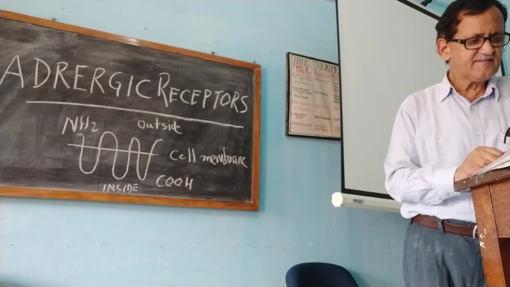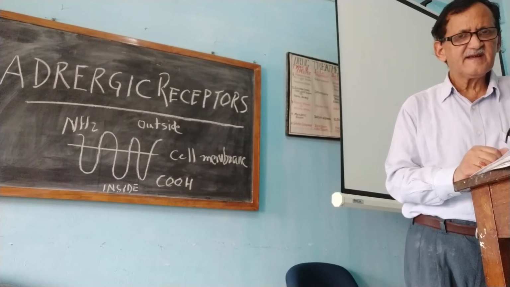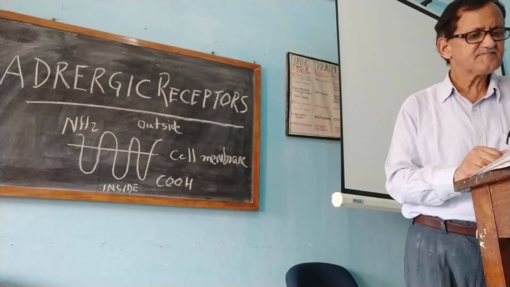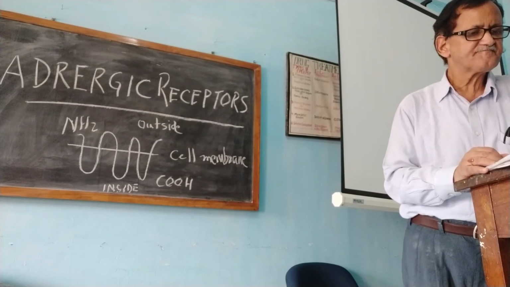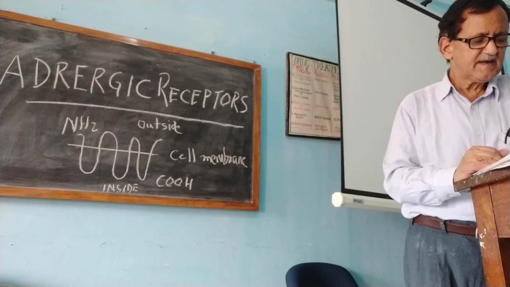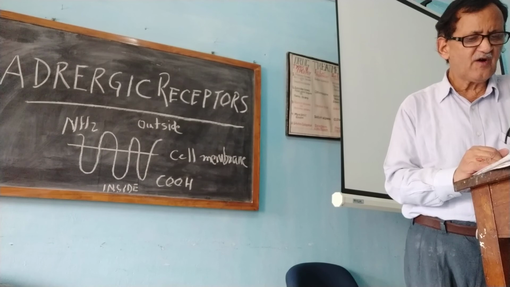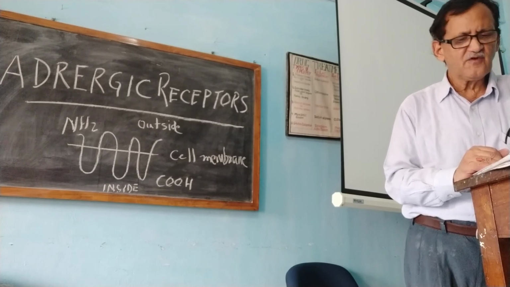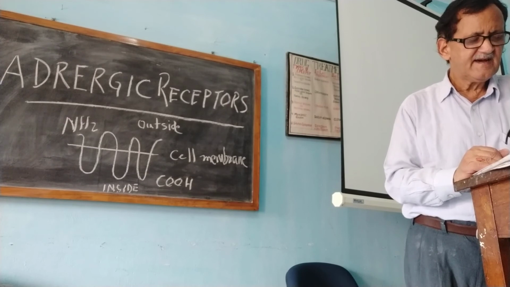D2 receptors: the site is in brain, basal ganglia, limbic system, hypothalamus and vomiting center. Its action, it plays an important role in treatment of Parkinsonism, psychosis and regulates hypothalamo-pituitary function.